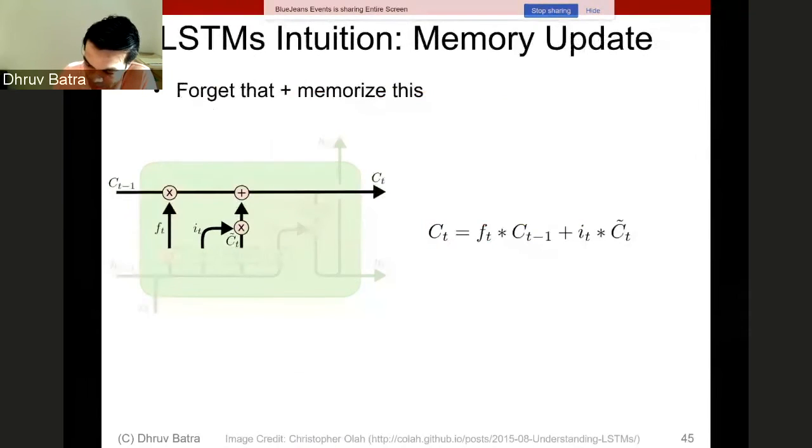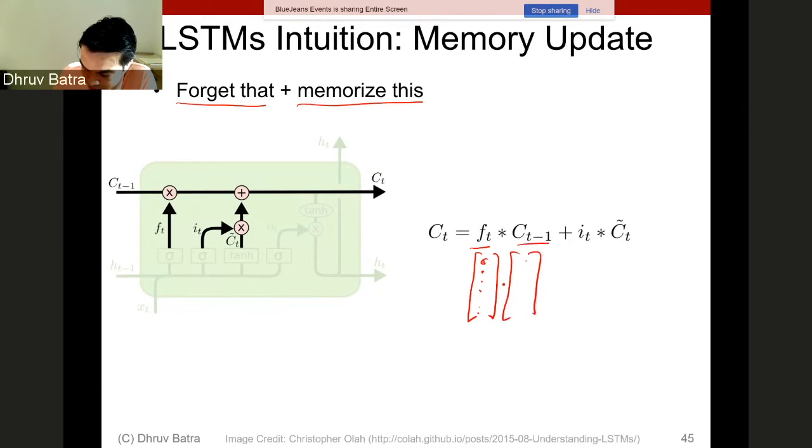And the way we're actually going to update is to say, forget that, memorize this. And so f_t, which is a vector of sigmoid values between 0 and 1, is going to element-wise multiply c_{t-1}. And then we will add, so this is the forgetting part. So if this value is set to 0, then you forget this particular coordinate.